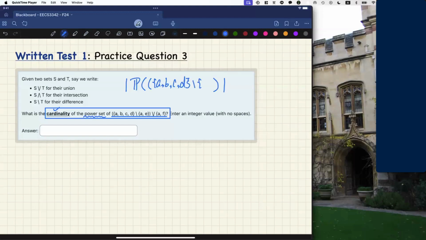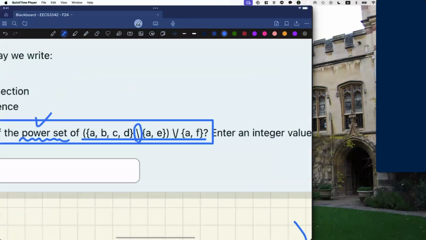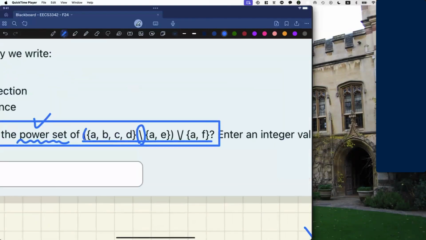You know what? Let me write it again, I just need more space. So again, we need a cardinality of something and the power set. Once we compute a power set, we can take its cardinality. And then here we got set difference to be computed first, because you can see the parenthesis, right? The parenthesis tells you the set difference should be done first.